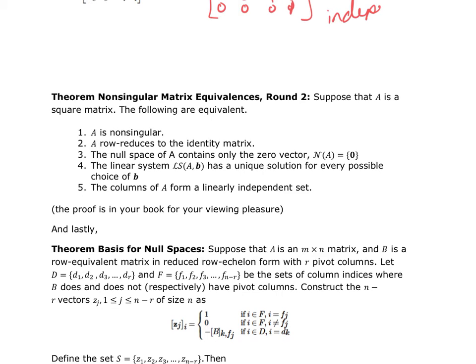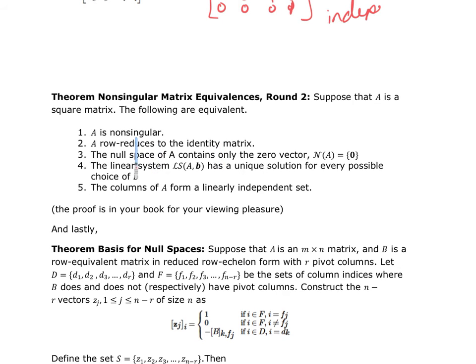If A is non-singular, the columns are independent. A row reduces to the identity matrix, it means A is non-singular and the columns are independent. The null space of A contains only the zero vector, that means they're independent.